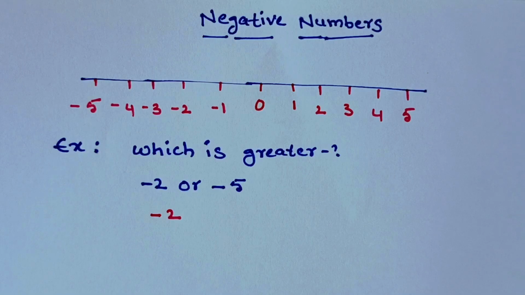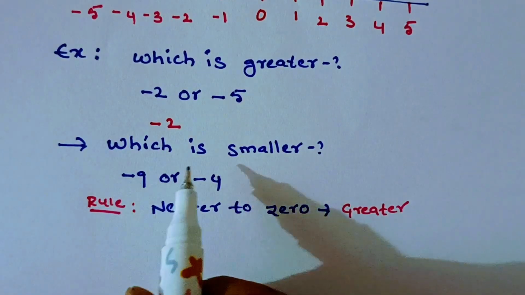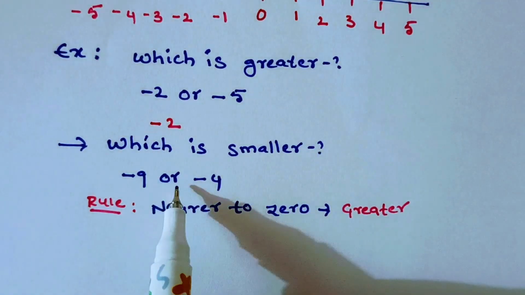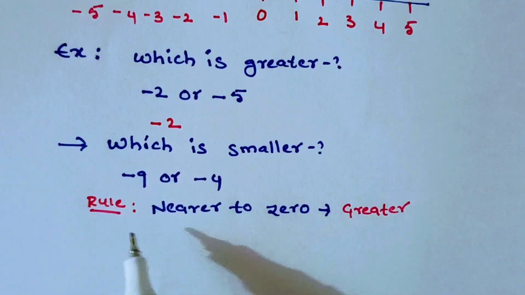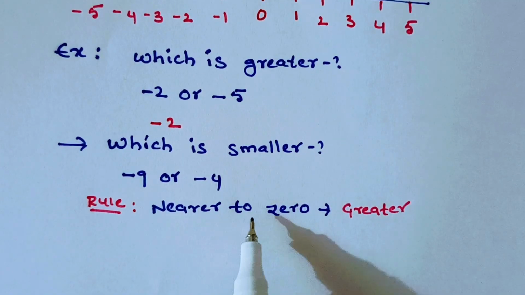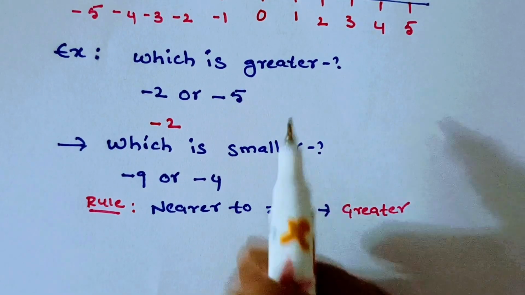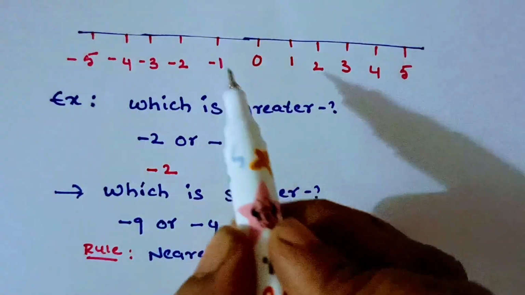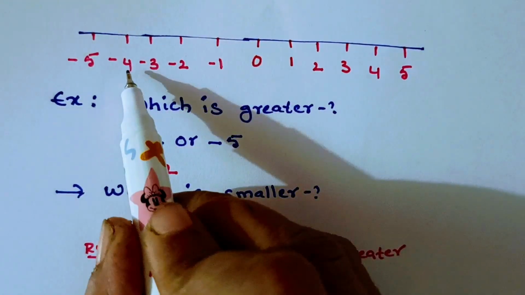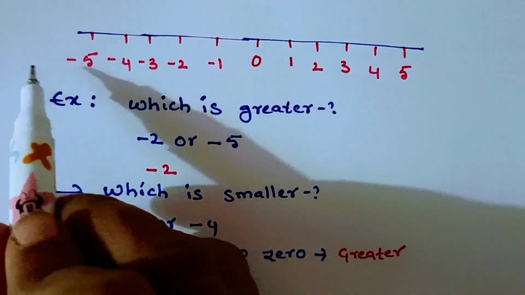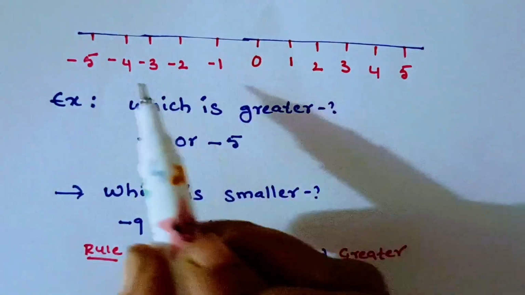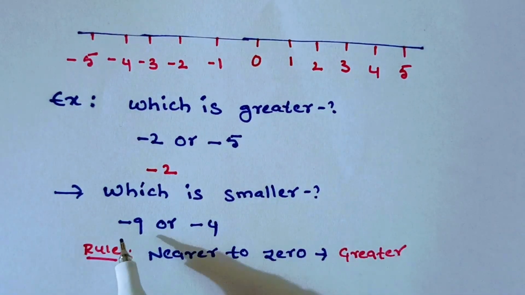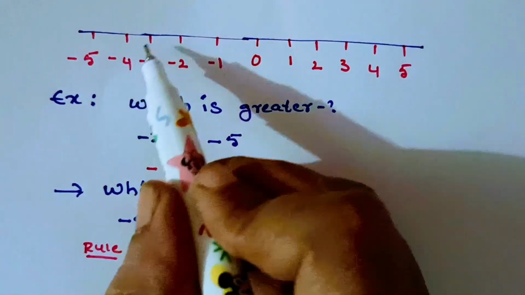See another example. Which is smaller, -9 or -4? So, what is the rule here? Nearer to 0, greater. -4 is nearer to 0 than -9.